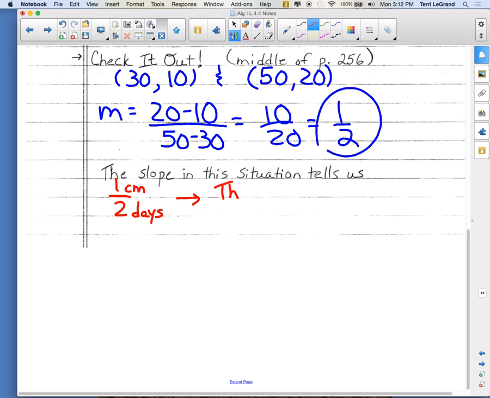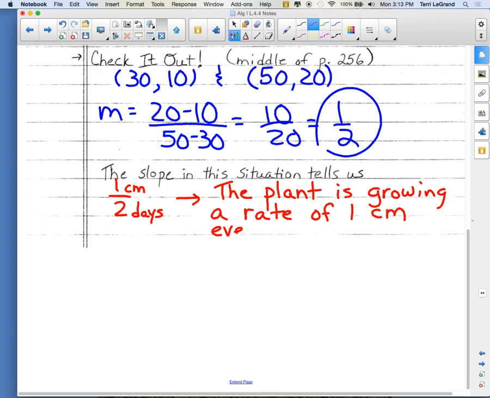The plant is growing at a rate of, just like Trevor said, it's a rate. But what can we say? At a rate of what? 1 centimeter every 2 days.